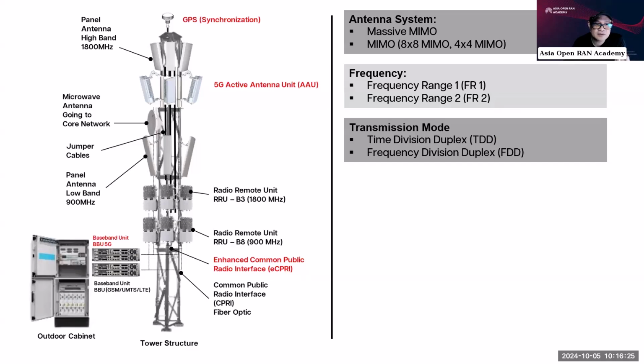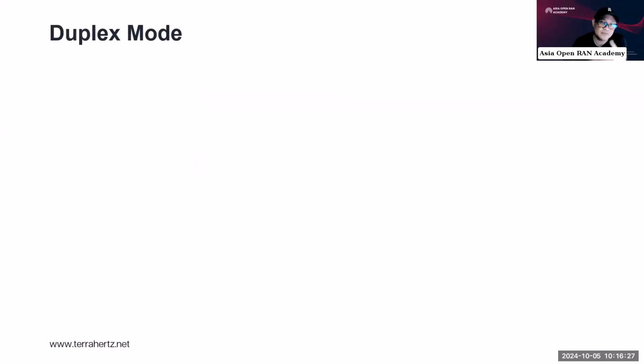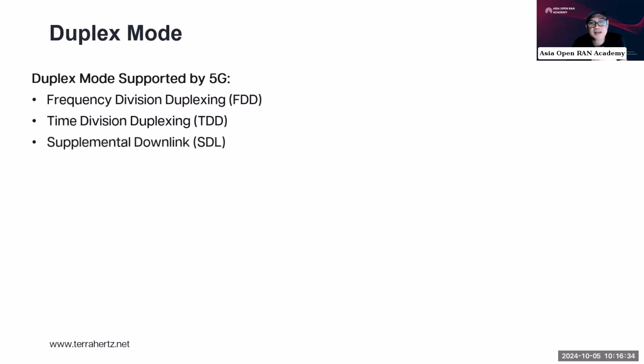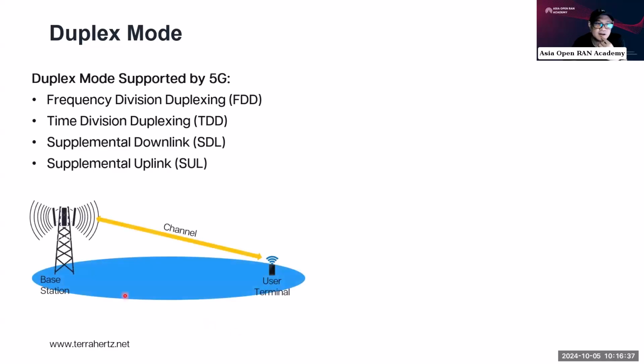No? So FDD means, basics muna tayo ulit. So meron kang cell site, okay? Meron kang cell site and then meron kang user terminal. So the channel or the direction from the base station or the gNodeB going down to the user terminal, we call it downlink. Downlink. And then yung pagbato mo naman mula user terminal going to base station or the gNodeB is what we call the uplink.